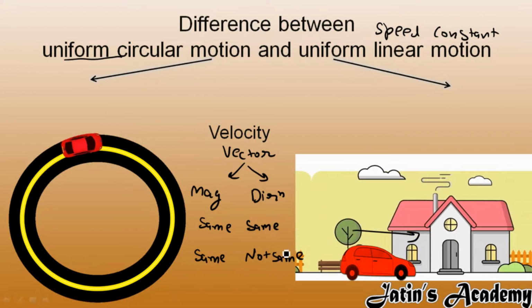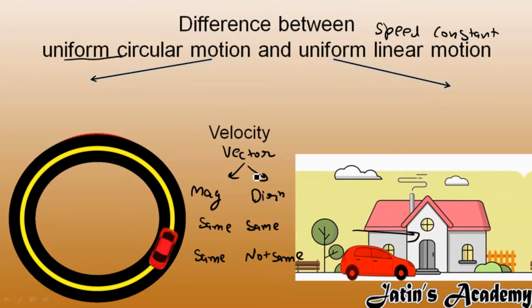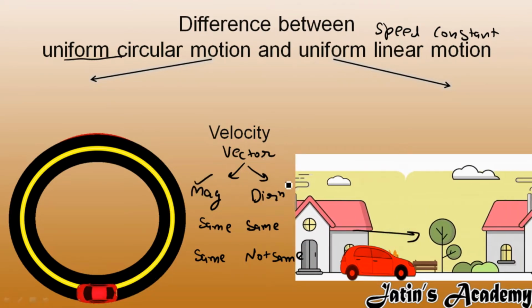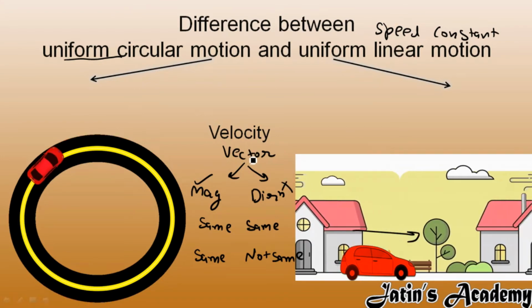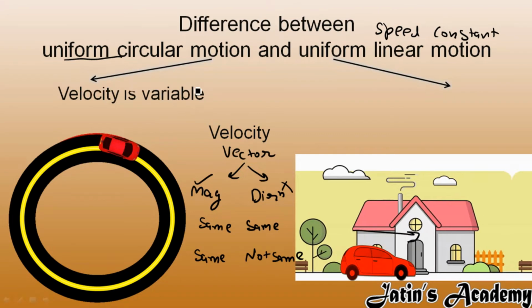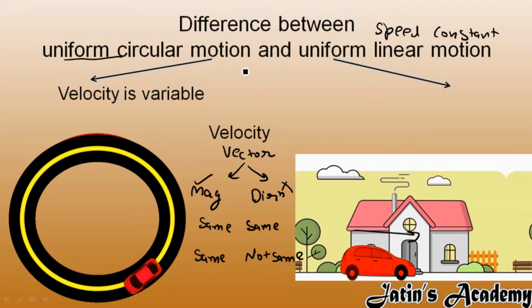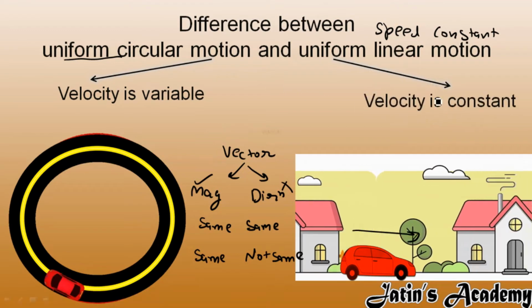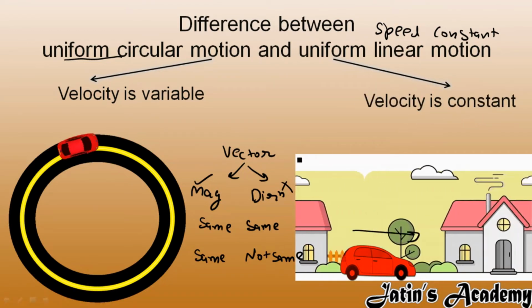It means that as velocity is a vector quantity, with the magnitude the same but the direction not the same, velocity is changing in a circular motion. So velocity is variable in a uniform circular motion, but in uniform linear motion velocity is constant. This is about the velocity.